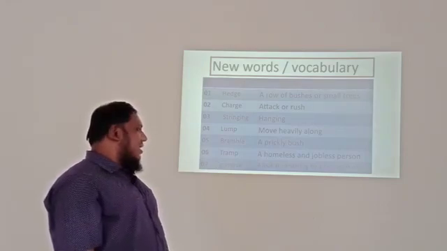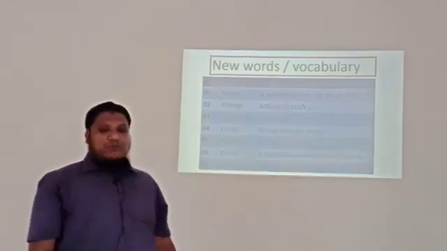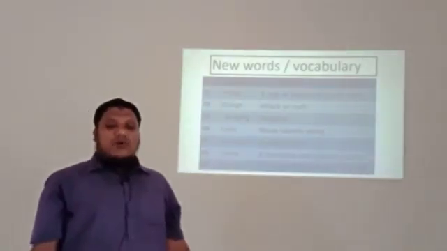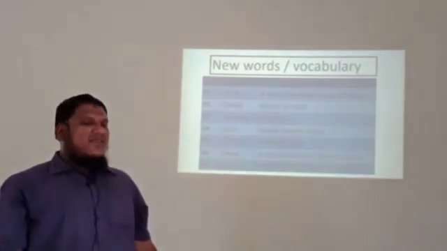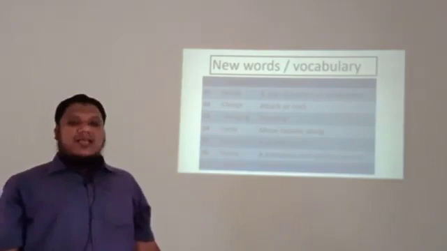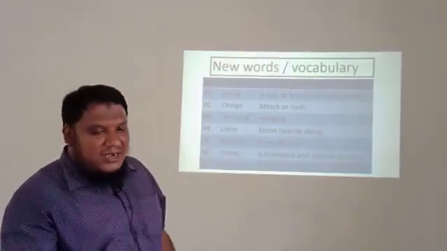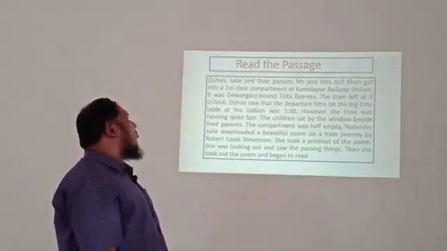Seventh, glimpse, a look at something for a very short time. So, students, some words may seem difficult, but if you practice and continue the lesson, they will not be very difficult. Now, let us read out the passage.